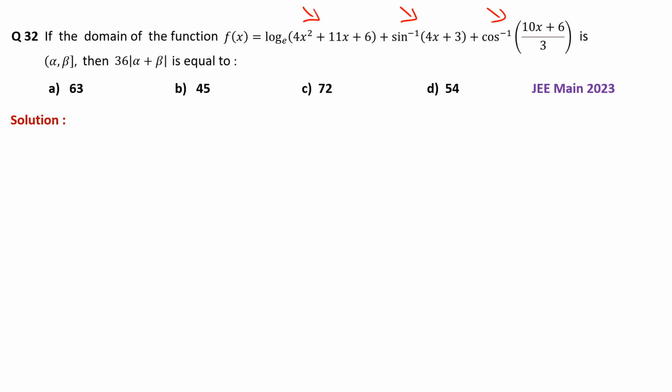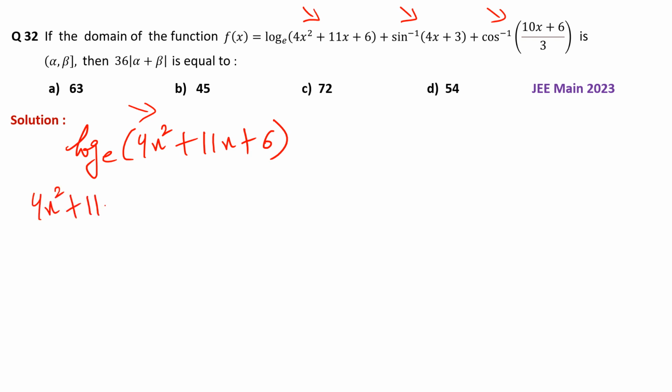Fine. Now students, first of all, let's find the domain of log of 4x square plus 11x plus 6. Now in the case of logarithmic function, we know that its input must always be positive. So that means this quantity 4x square plus 11x plus 6 must be positive.